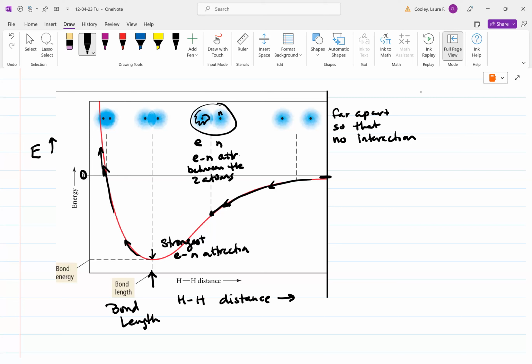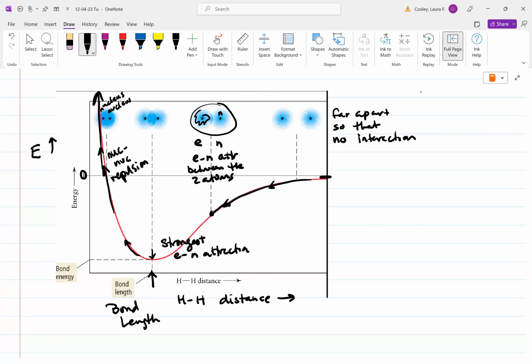When you start to get closer together, the two nuclei start to be close enough to interact with each other. And what type of interaction is it going to be between two nuclei? That's repulsive. That's going to make it less stable. So this goes up whoosh really fast because of nuclear repulsion.